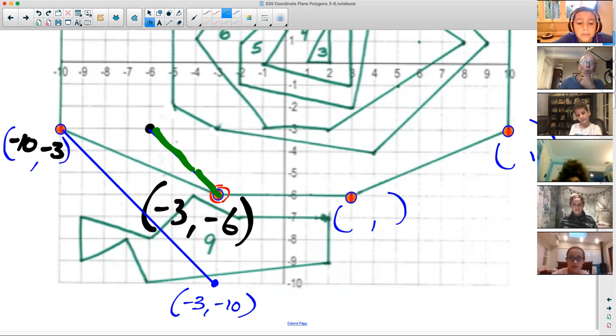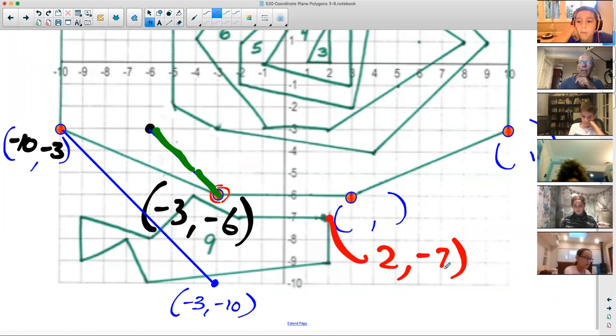7. So guys, can we make a conjecture that if you do this with, so let's say we do this with point, you ready for this? How about 2, negative 7? That point right there is 2, negative 7.